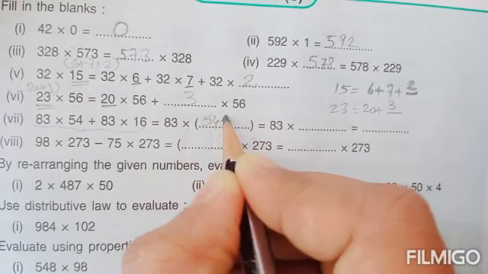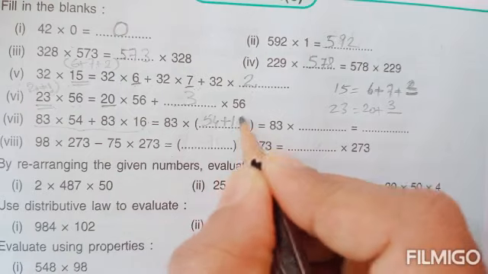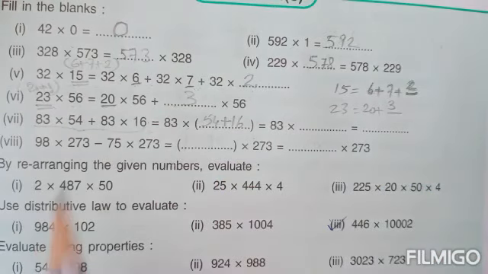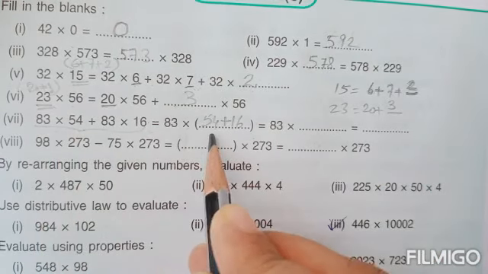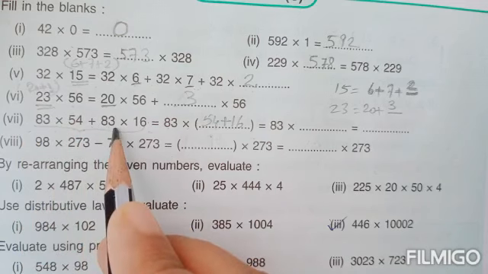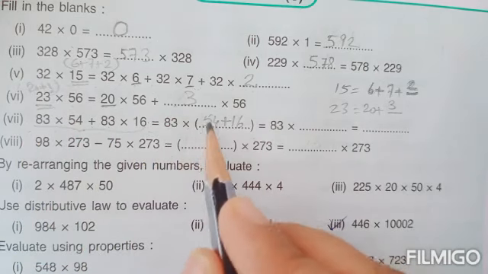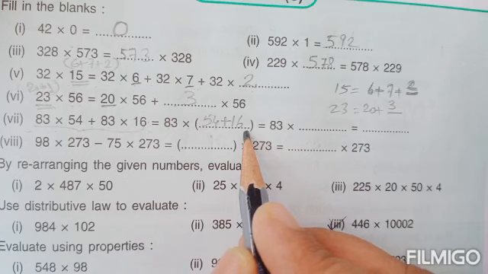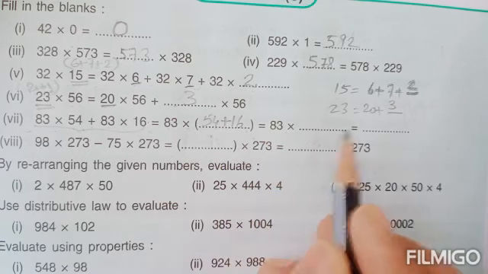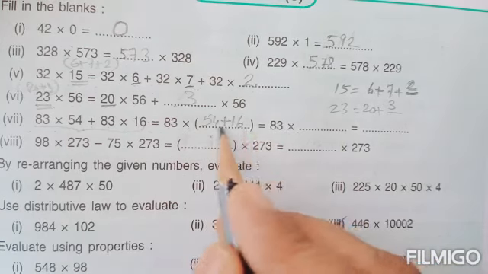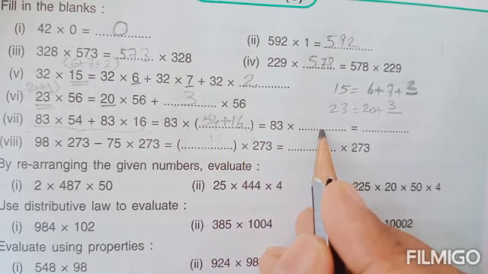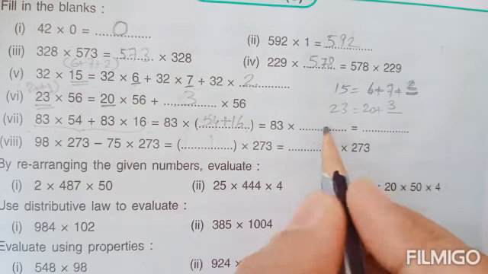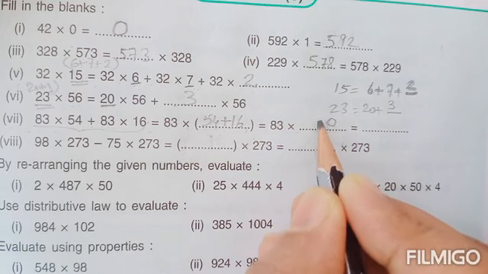Here it is a plus sign, so put a plus sign. Now 16. This is the use of the distributive property: 83 into 54 plus 83 into 16 equal to 83 into 54 plus 16. Now 83 into dash. So 54 plus 16 we can add and write in this blank. 54 plus 16 you will get 70.